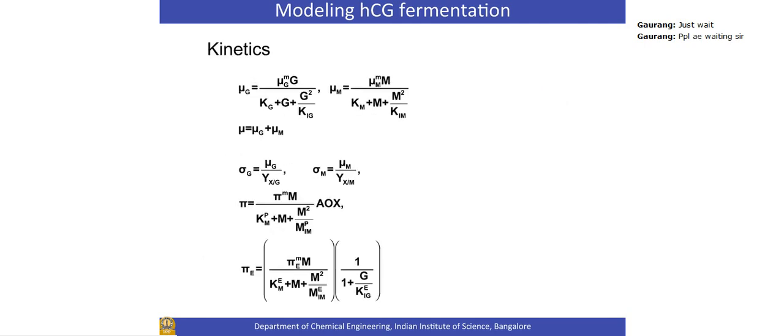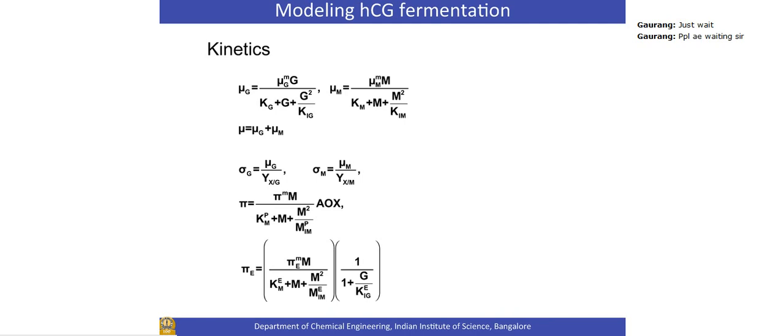I will get to the details of that. What is then associated with this, of course, are the rates of reaction: for growth on glycerol, on methanol, consumption of glycerol, consumption of methanol, and so on.